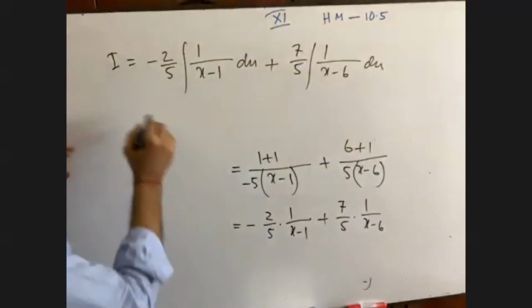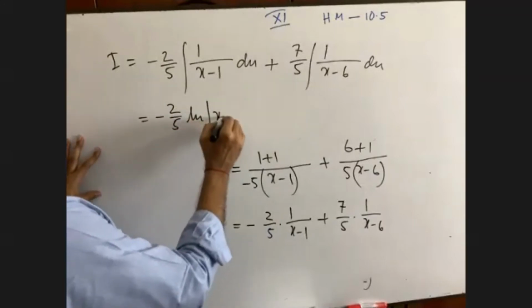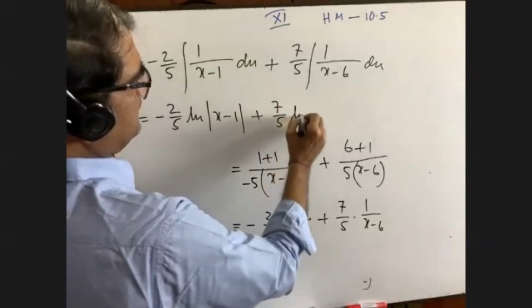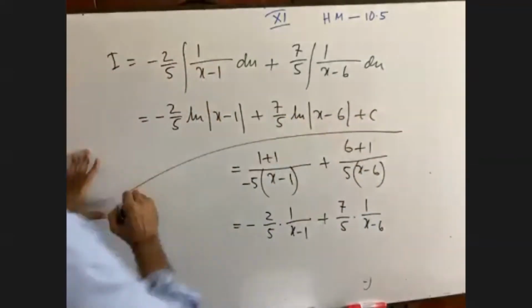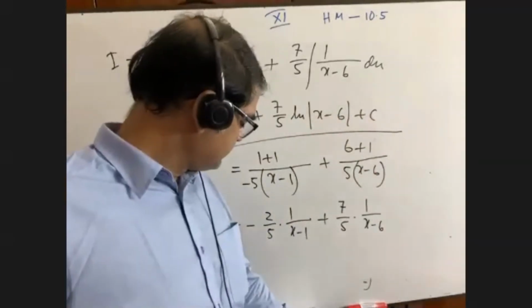That means we are getting minus 2 by 5 ln of x minus 1 plus 7 by 5 ln of x minus 6 plus c. So we have got this.